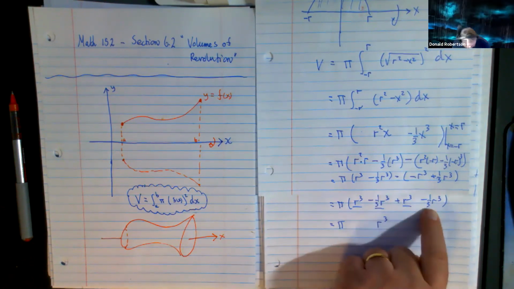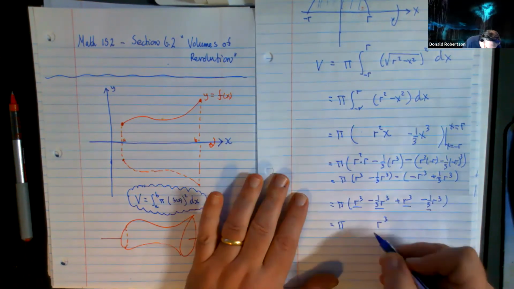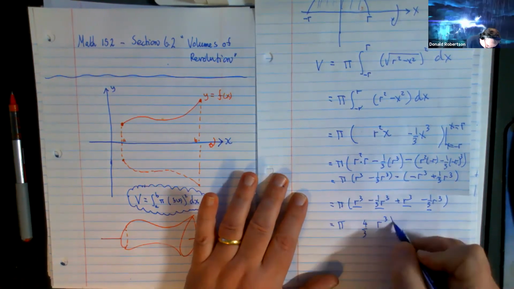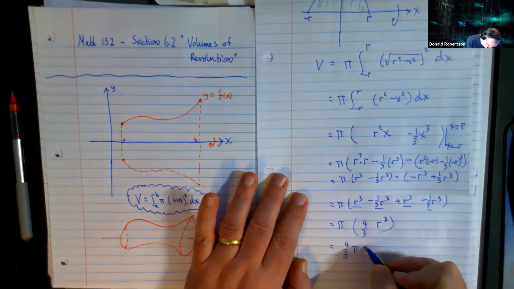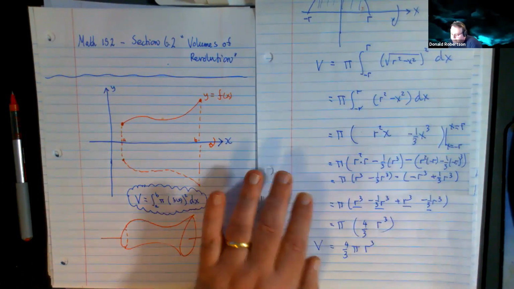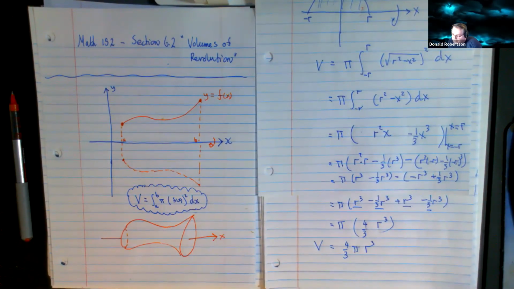Add a 1, take away a third, that's add another 2/3. 4/3 r cubed, which is 4/3 pi r cubed. That's all it took to calculate the volume of a sphere.